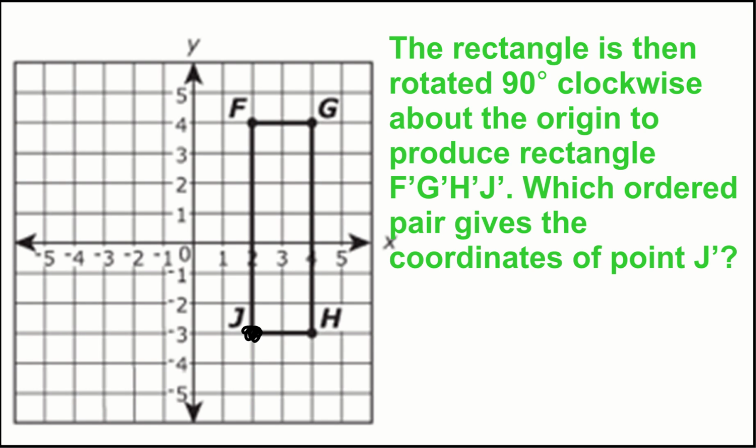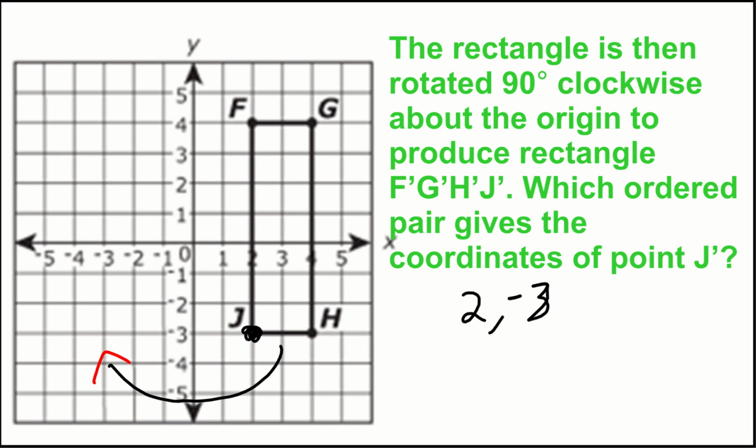A lot of times the easiest thing to do is to get your ordered pair to start with. Okay? So J, the X value is 2. The Y value is -3. I rotate clockwise 90 degrees. So 90 degrees is 1 turn. Clockwise means I'm putting it over there. So that puts it in quadrant 3, right?